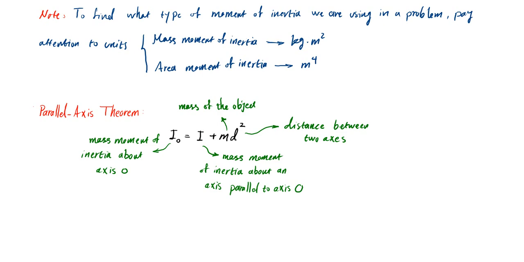Second, you determine the moment of inertia of each part. The third step, you just sum up those moments of inertia that you found for each part, and the moment of inertia you get is the moment of inertia for the composite object.